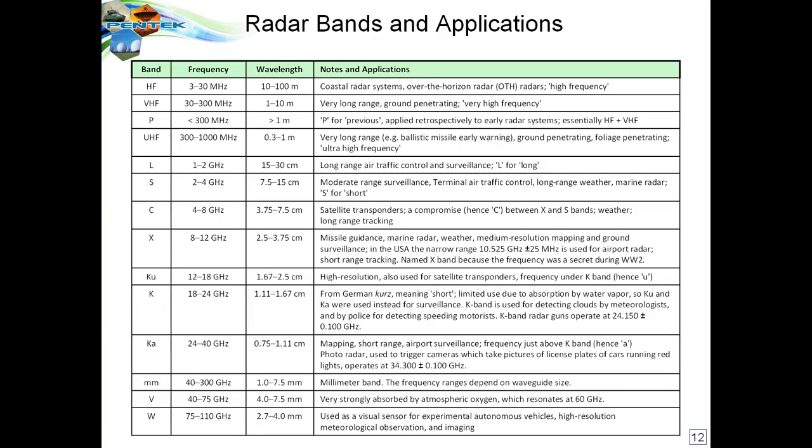It shows on the right, in the notes and application section, the different heritage, if you want, of the different types of radar bands, what they're used for, some of the applications, and some of the benefits of each. So this chart can be very useful if someone asks you about a particular S-band radar or a Ku-band radar. You can get a little bit more information and reference as to what exactly that means. So this could be a very useful chart to start becoming familiar with the language of radars.